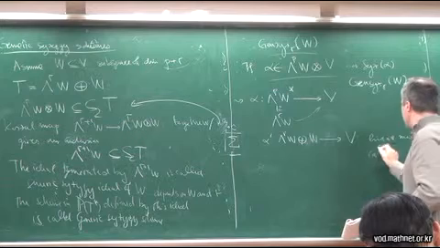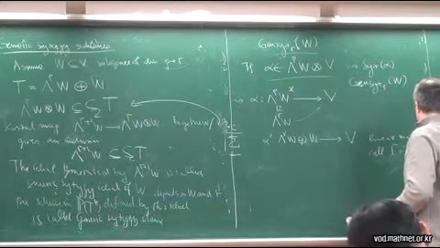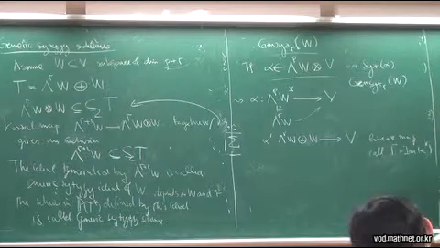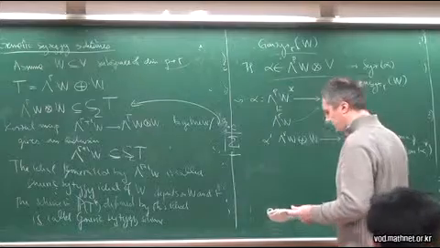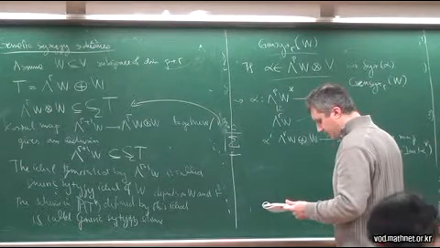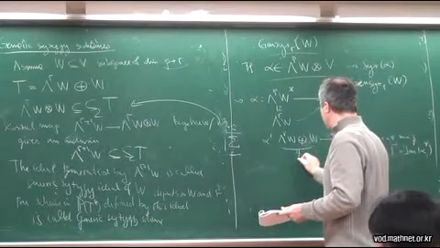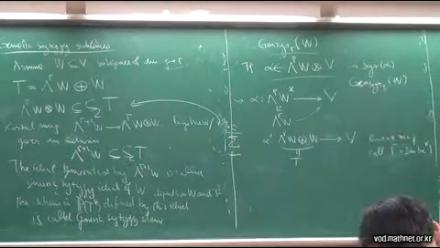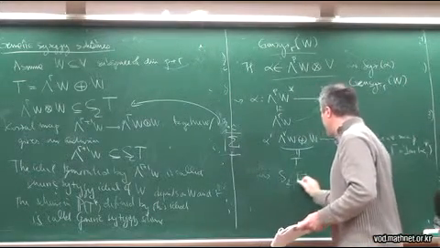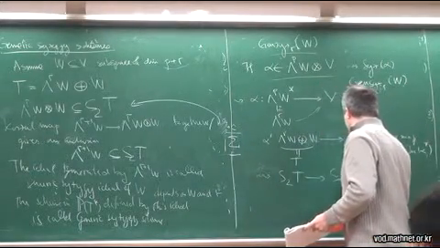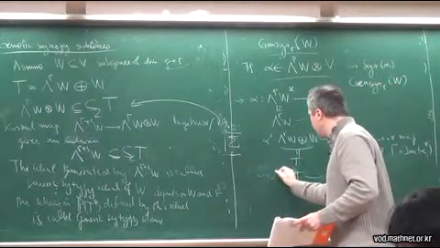Let's call gamma the image. So this was T in our notation. This will induce a map from S2 of T to S2 of V. Another induced map. Let's call this alpha double prime.